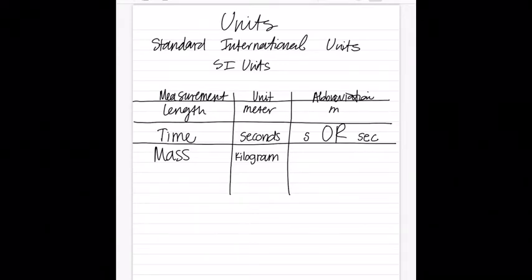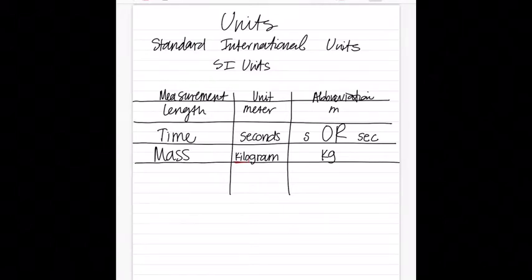The only one that uses a prefix like this is going to be mass. So the SI unit for mass is a kilogram, and that is abbreviated lowercase k, lowercase g. I'm going to circle this kilogram because that's a little different.